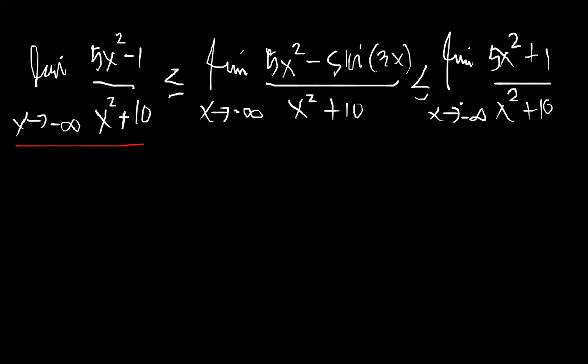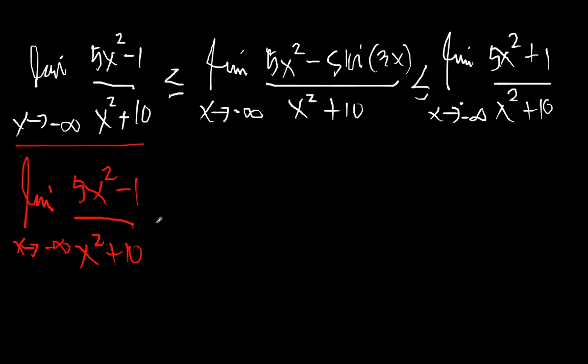Let's work on the left-hand side first. That's the limit of 5x squared minus 1 over x squared plus 10 as x approaches negative infinity.